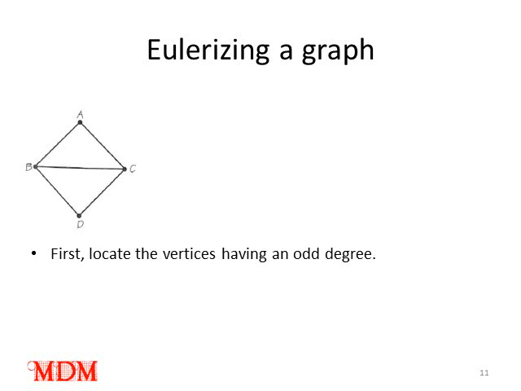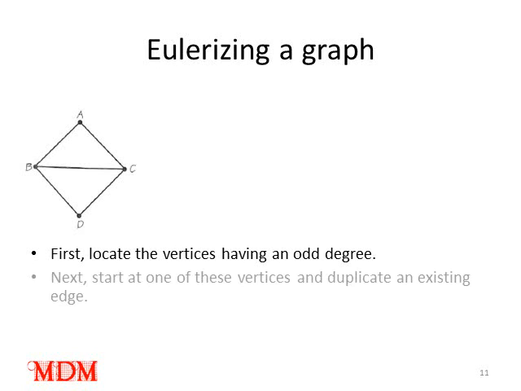Here we're given a graph with 4 vertices. It has 5 edges. And the first thing that we have to do to Eulerize the graph is to locate the vertices having an odd degree. As you look at this graph, it's easy to see that there are 2 of those, vertex B and vertex C. Next, start at one of these vertices and duplicate an existing edge.